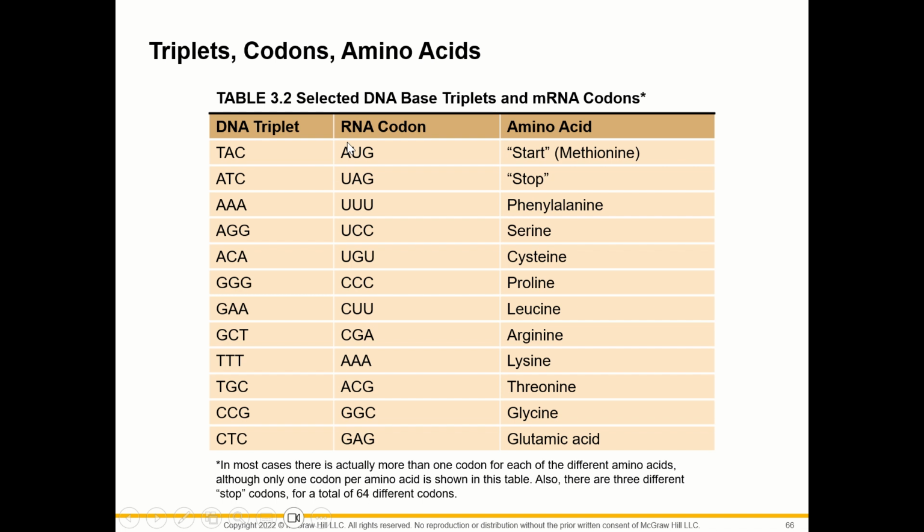And so we know that A will bond to T, and RNA has that. That's fine. T is going to bond to A, but RNA doesn't have that. It's got uracil instead. So we're going to put uracil bonding to A. And then we know that guanine, or G, will bind to cytosine. So the RNA codon is AUG. It's a complementary base pair. And so the amino acid that it codes for is methionine.